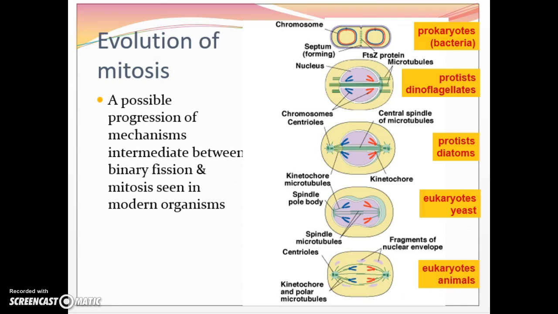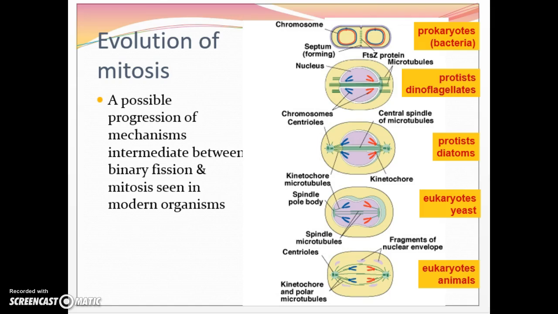For example, eukaryotes have spindle microtubules that begin to form between the centrioles outside the nucleus. And then as those centrioles move to the poles, the nuclear envelope breaks down and the kinetochore microtubules attach the kinetochore of the chromosomes to the spindle poles. And then the polar microtubules extend toward the center of the cell and overlap.